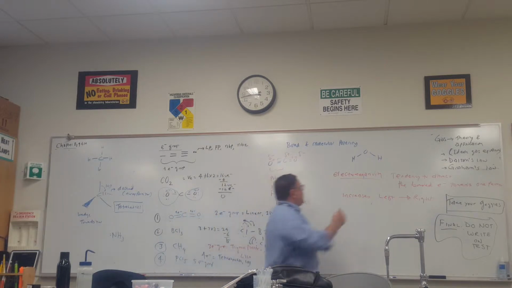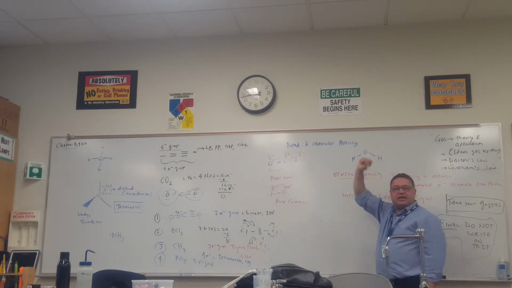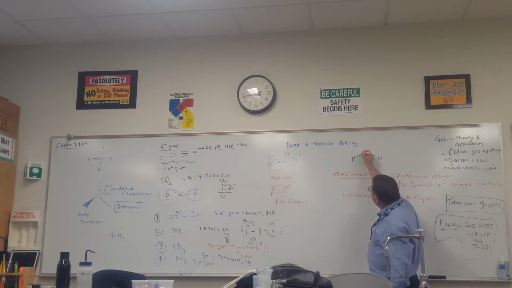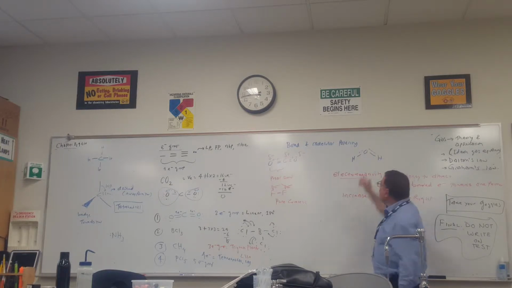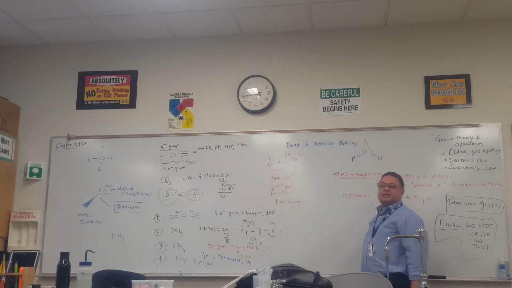Now in water also, oxygen has more electronegativity. So the bonded electrons have a tendency to move this way. At some point here they go together, have more density, and meet.